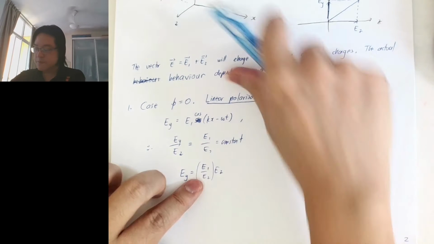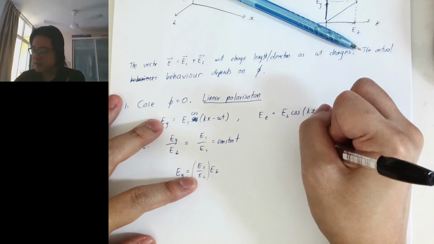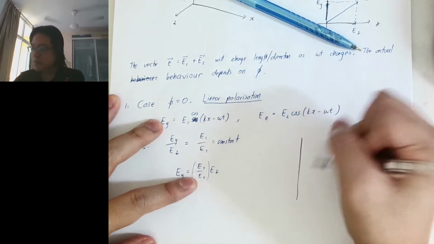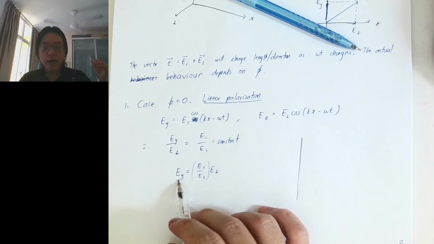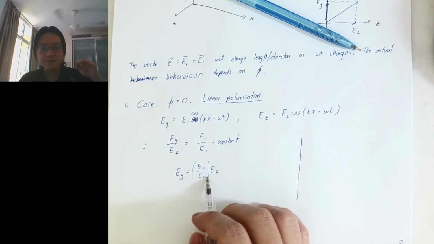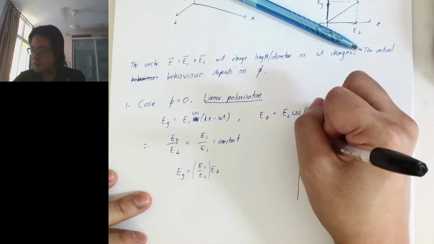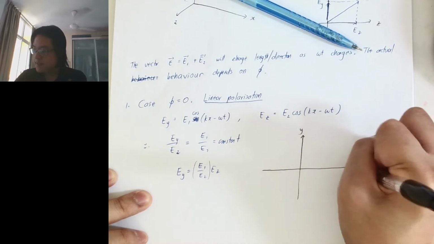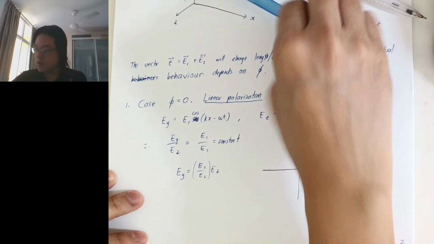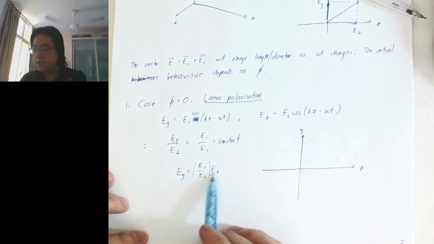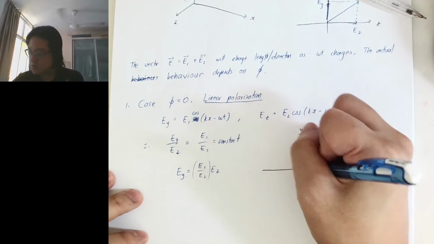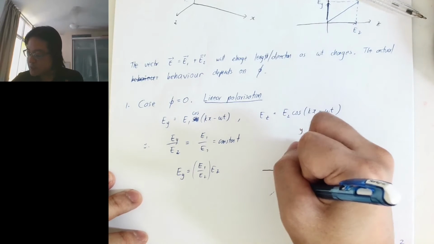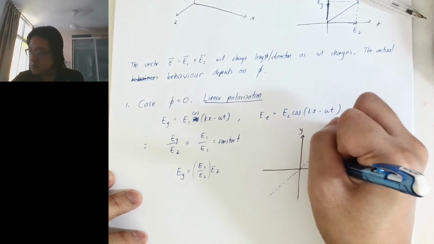So what is happening here is that I can write what happens to the vector. My vector's y component is always a constant times the z component. So Ey here, the z direction here, and according to this picture, my Ey is always on Ez. So that means my vector is always pointing along this direction.